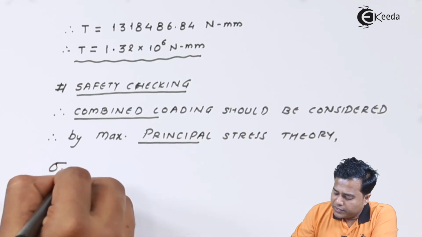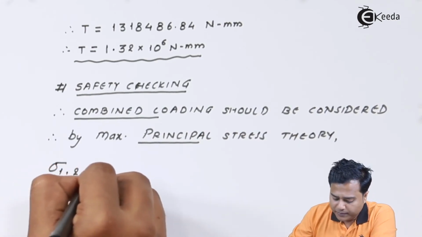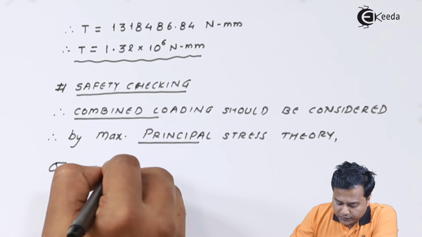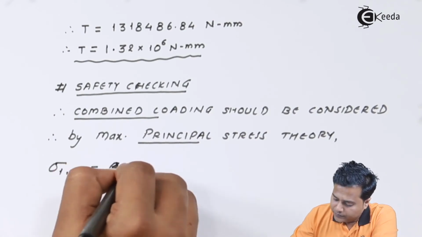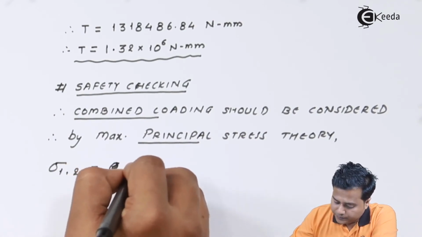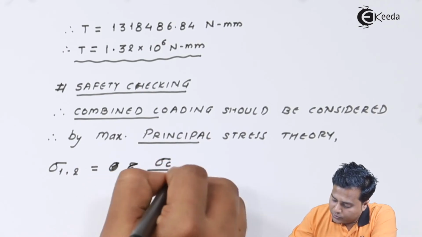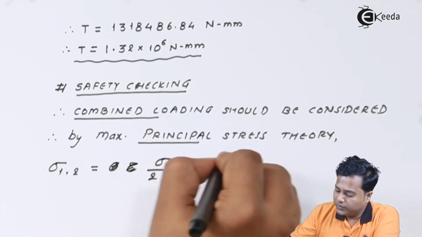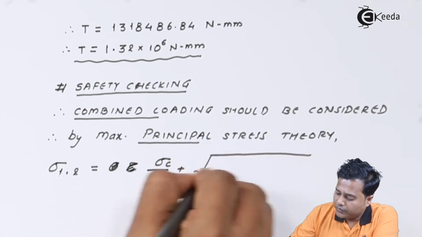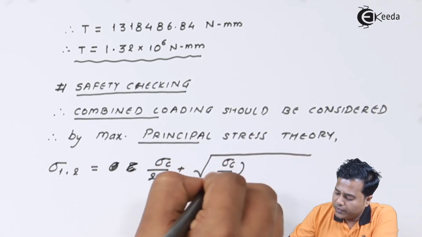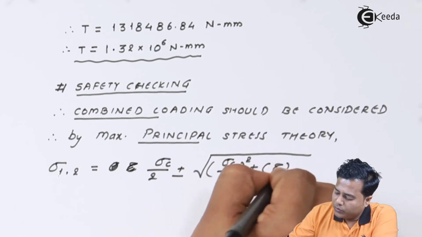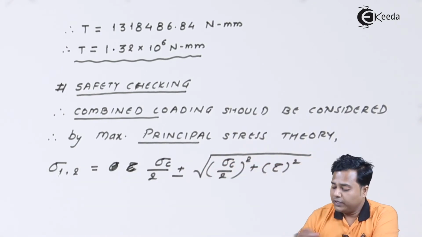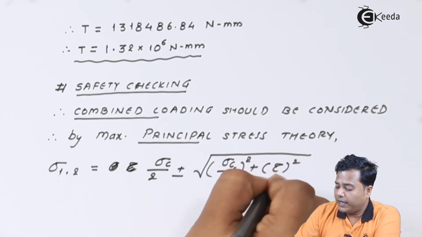The maximum principal stresses, sigma 1, 2, will be given by sigma c divided by 2, plus or minus, where plus stands for 1 and minus stands for 2, square root of (sigma c by 2) square plus tau square. So in short, we need to find out sigma c and tau.